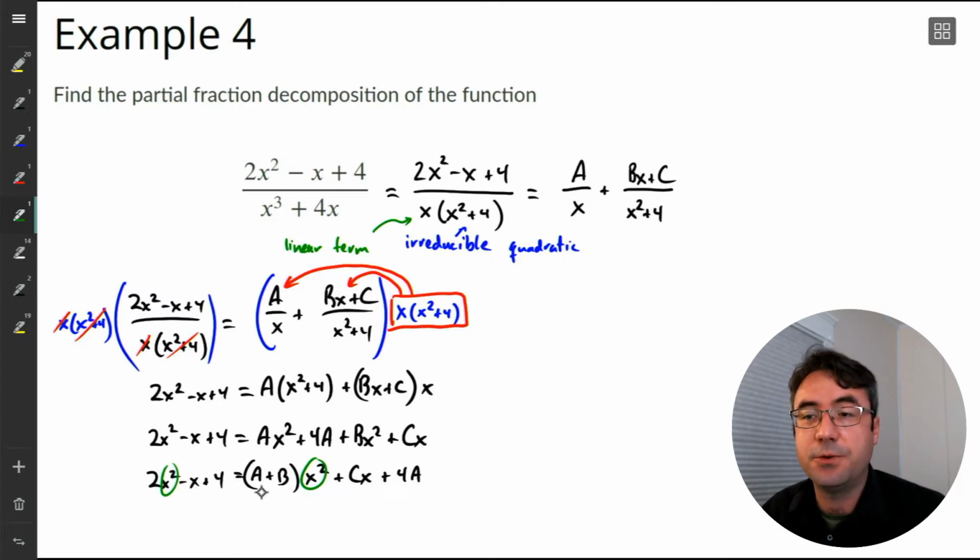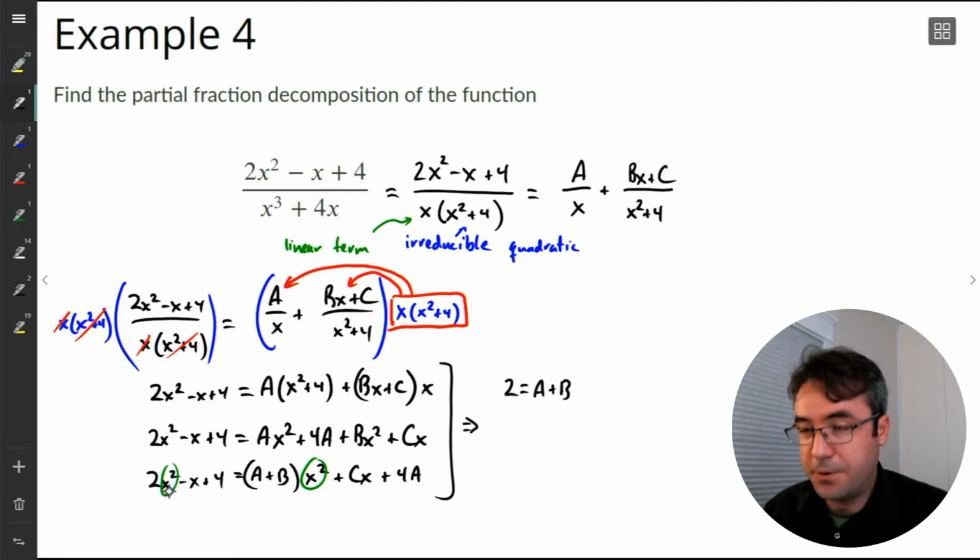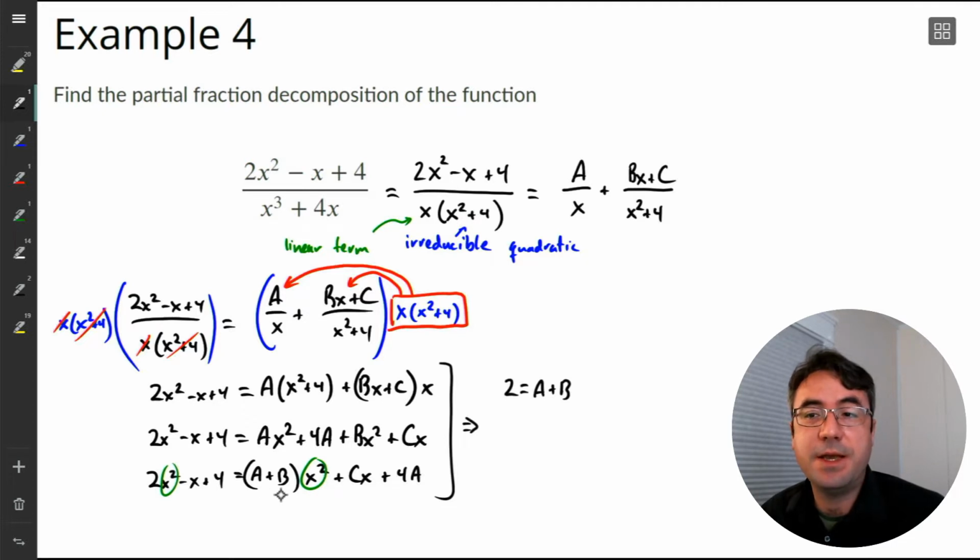So we're going to set 2 equal to a plus b. The only way two polynomials can be equal to each other is if the coefficients are equal to each other. So the 2 in front of this x squared must be equal to whatever a plus b is in front of this x squared.